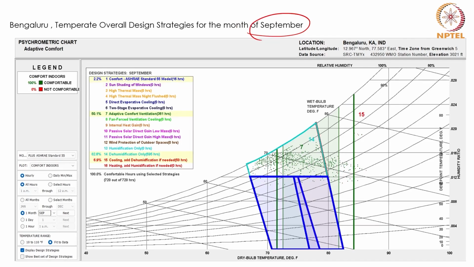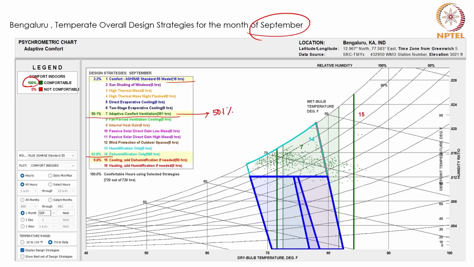Now, in order to make 100% of the hours comfortable, what should you do? Already we saw that 16% remains comfortable by itself. Adapting comfort ventilation will make 50.1% hours as comfortable.